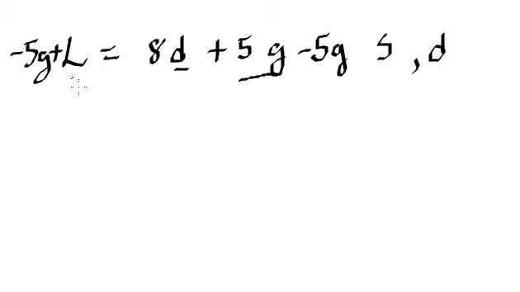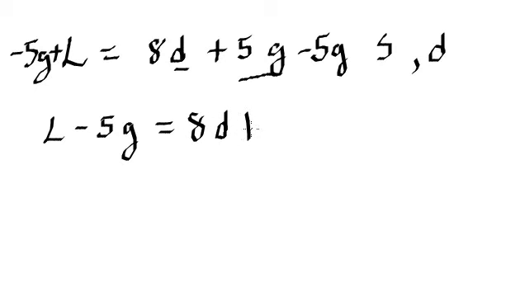So let me rewrite this. I'm going to put the 5G over here, so L minus 5G is equal to 8D plus our 5G, and we subtracted 5G. By subtracting, that's going to get this guy to cancel out and become 0.